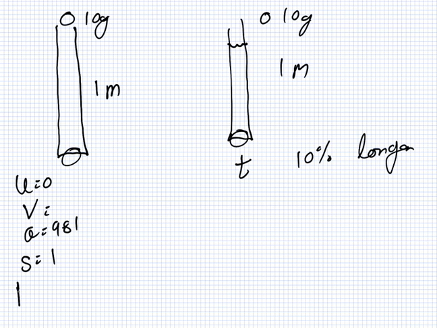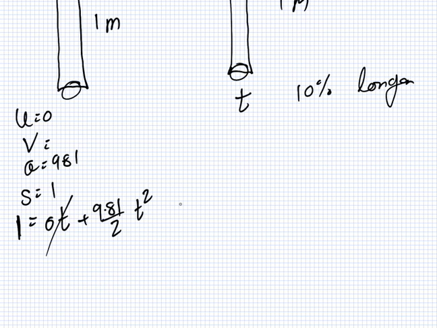S equals UT plus a half A T squared. Time equals 0.45 seconds. So if this time is 10% longer, what's the time here?